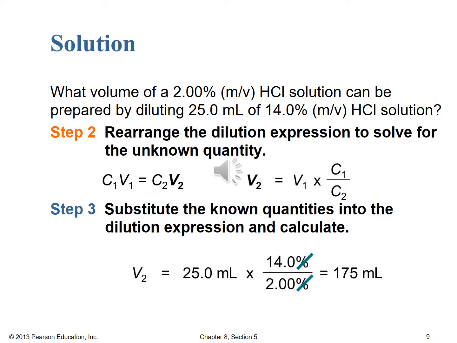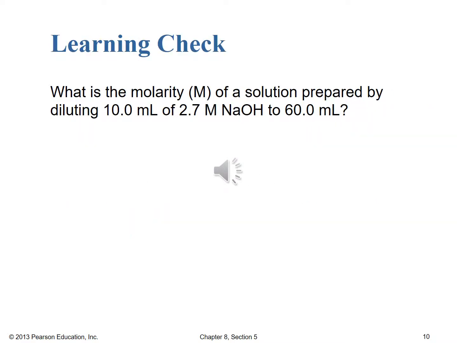All right, so I told you that molarity is the most common way that we'll see this, and our first learning check doesn't use molarity. We use mass per volume percent. So now here's a follow-up learning check where you'll see the much more typical molarity expression. In this learning check, we're asked, what is the molarity, capital M is our unit, remember, of a solution prepared by diluting 10.0 milliliters of 2.7 molar NaOH solution to 60.0 milliliters?